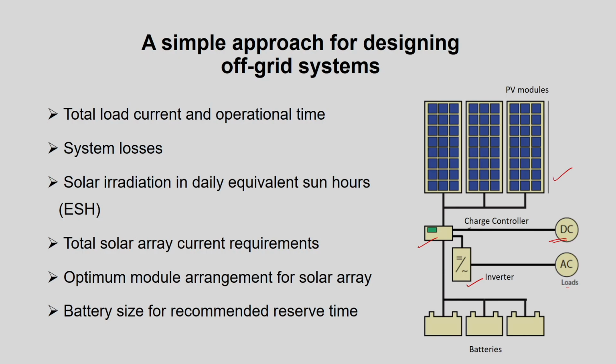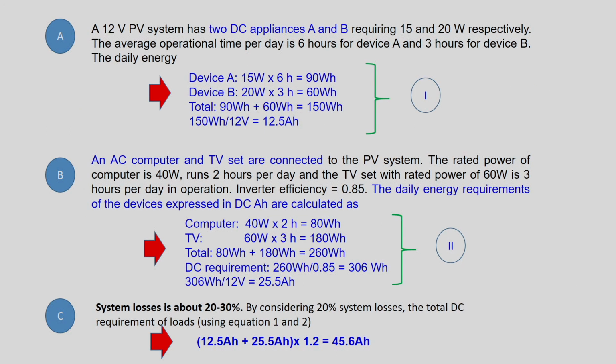So, let us take a small example and try to understand the simple approach for designing an off-grid system. The example goes something like this: a 12 volt PV system, a very basic PV system, has two DC appliances A and B, requiring 15 and 20 watt respectively.